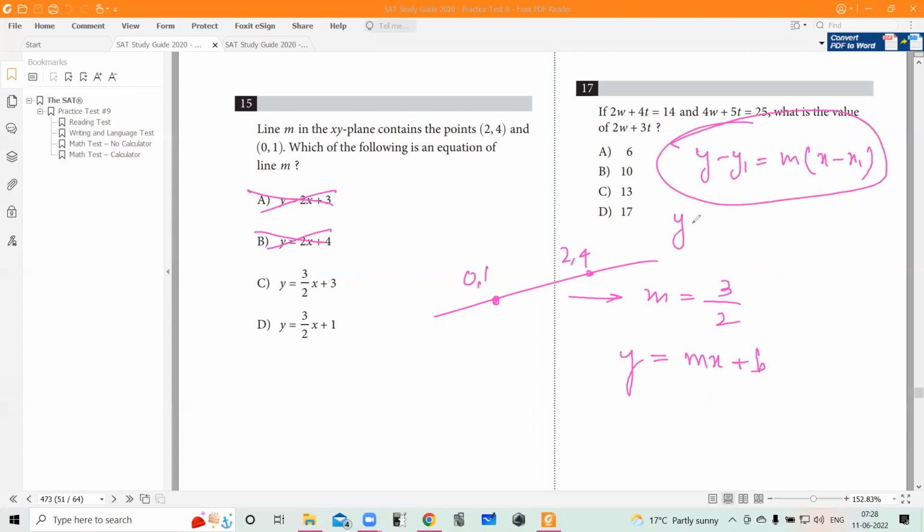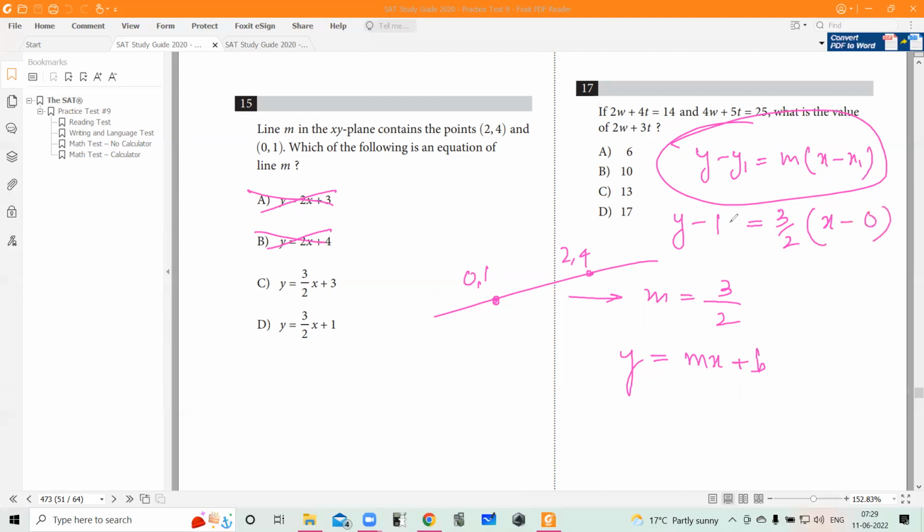So y1 is 1. Y minus 1 equals 3/2 times x minus 0.